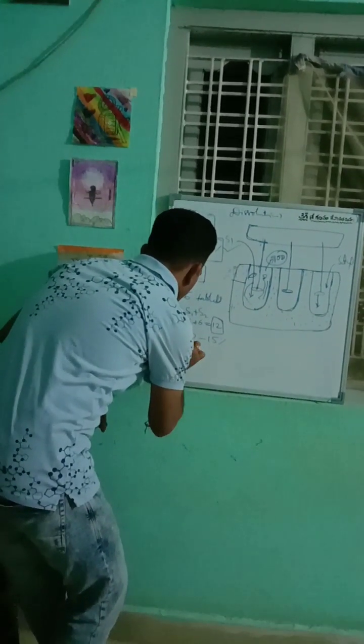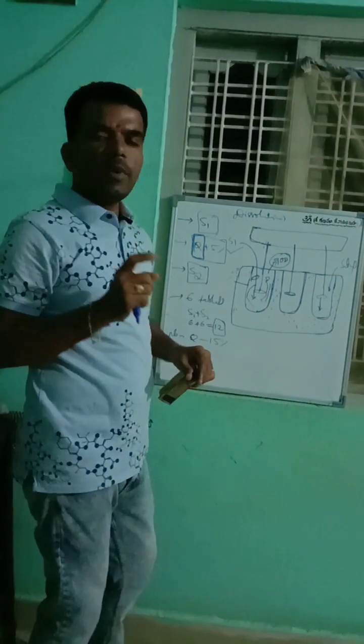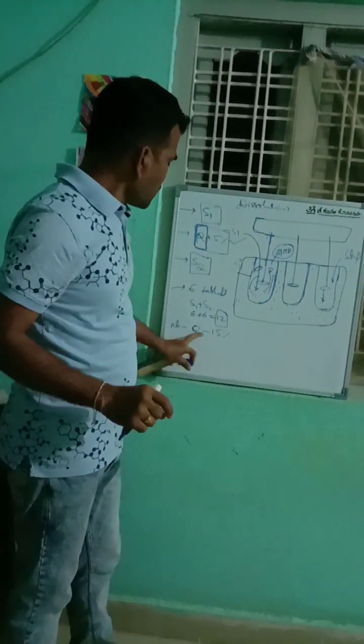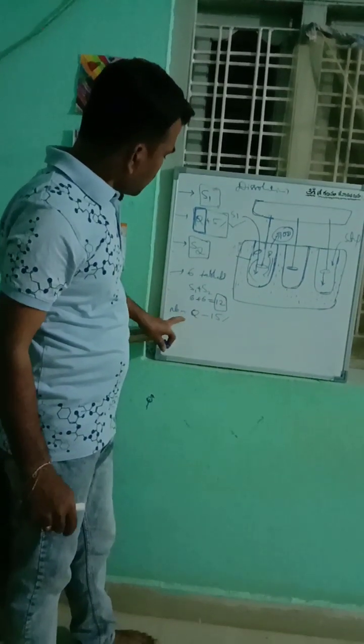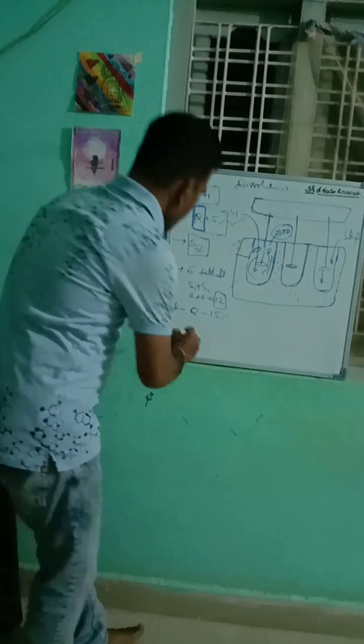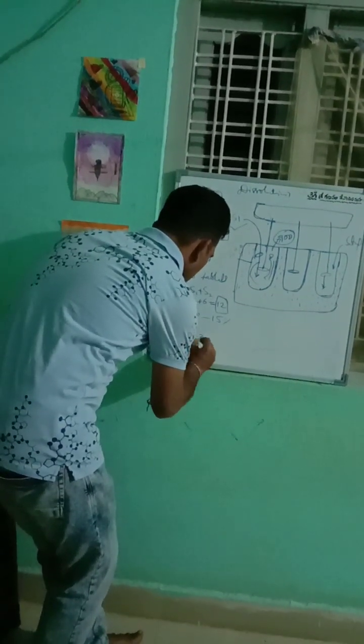No more units means not even 1 unit should be less than Q minus 15. If any unit gets a result below Q minus 15, it goes to stage 3.